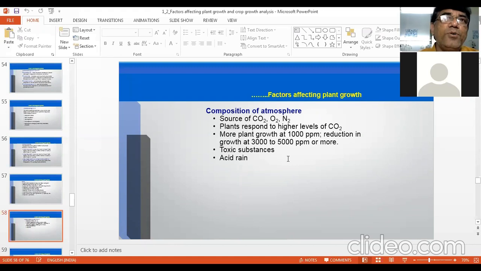That means if you increase beyond 1000 ppm, your photosynthesis rate is reduced. And there can be certain toxic substances from the atmosphere, like ozone, that can come to your plants, or sulfur dioxide as sulfuric acid through acid rain. So many atmospheric factors can affect plant growth: gases, toxic substances, or acid rain.